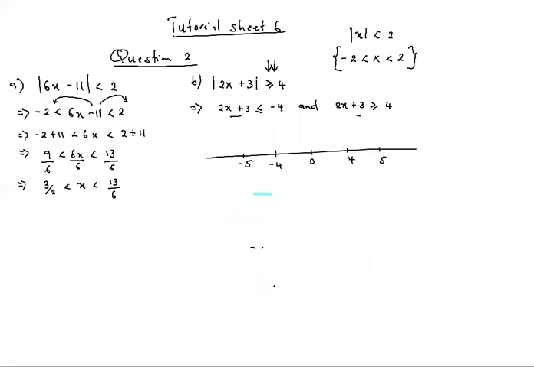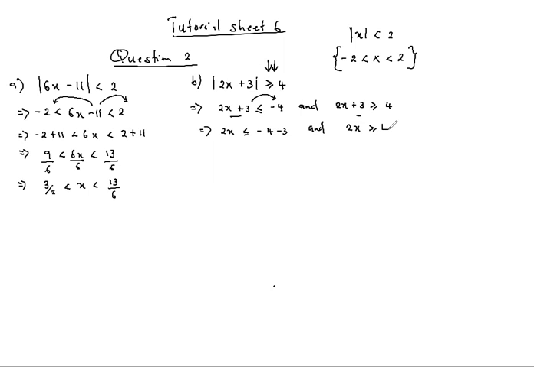So we now solve. The piece on the left gives us 2x ≤ -4 - 3 when we take this to the other side. And the piece on the right gives us 2x ≥ 4 - 3.